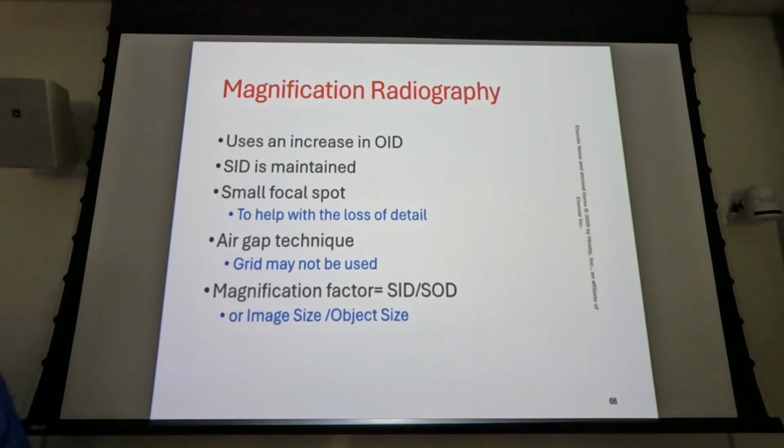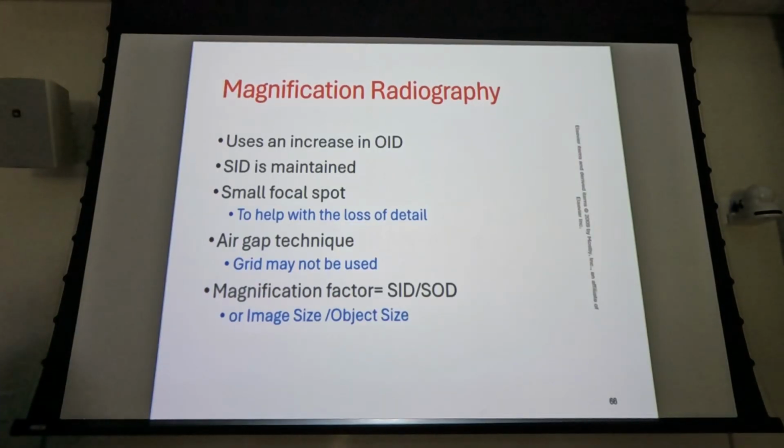But because we have that increase in OID without an increase in SID, in macroradiography, we're going to lose some sharpness of recorded detail. So how do we reintroduce some of it? Well, mammo tubes use a fractional focal spot. We use a smaller focal spot so that we don't completely lose our sharpness of recorded detail.